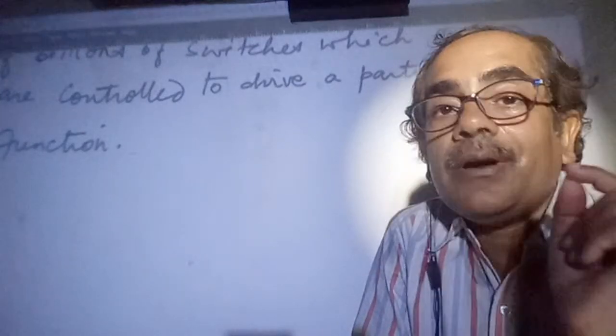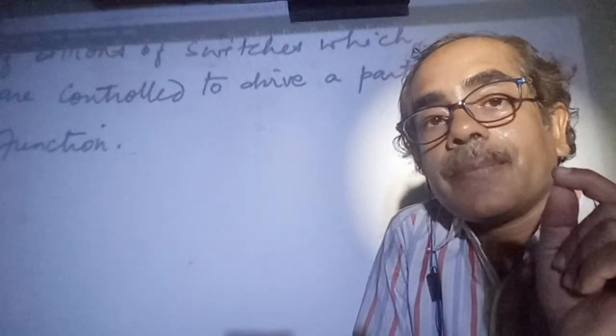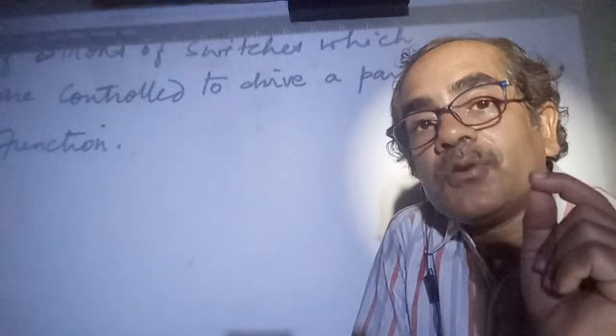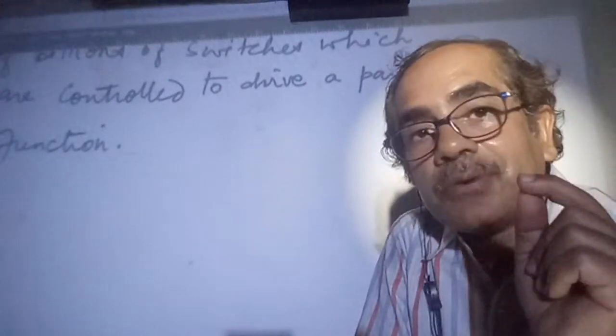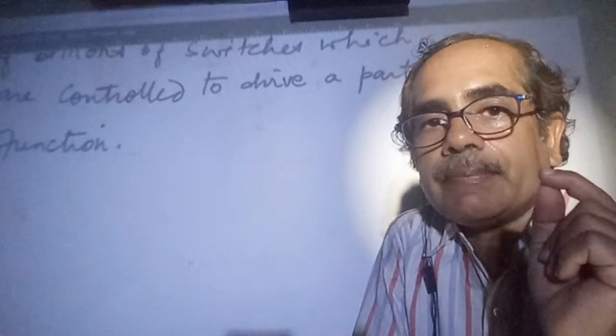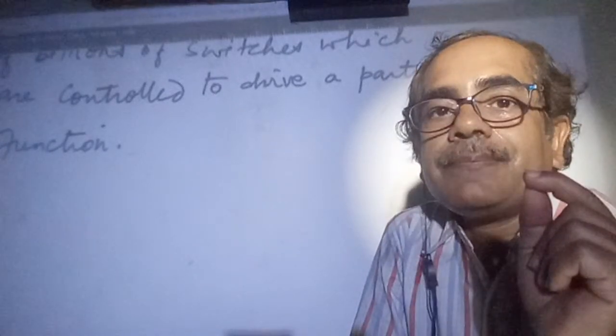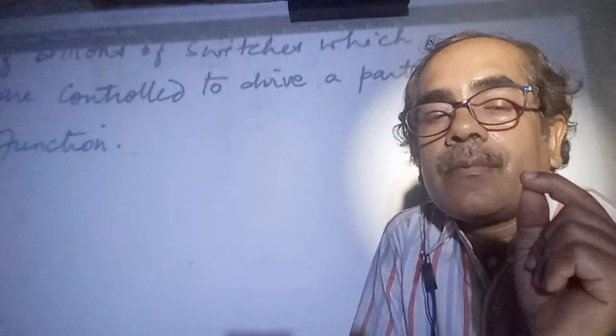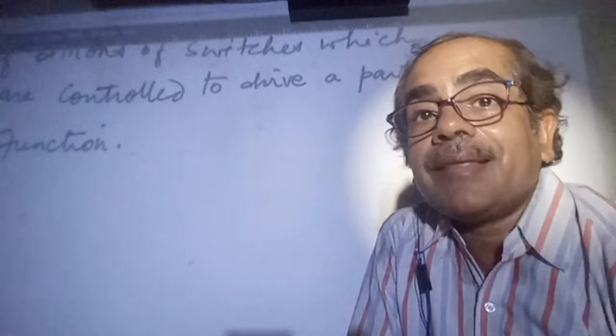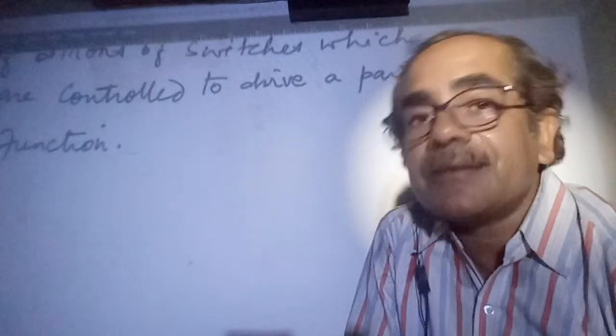So recall, last day I told you that when you have to do a work, you need to write a method. A method has to be developed. Now the method is interpreted in a specific language.